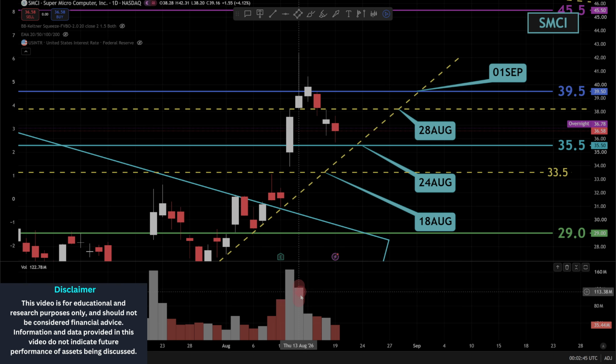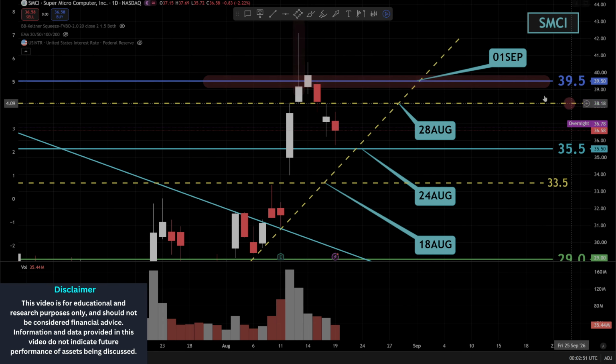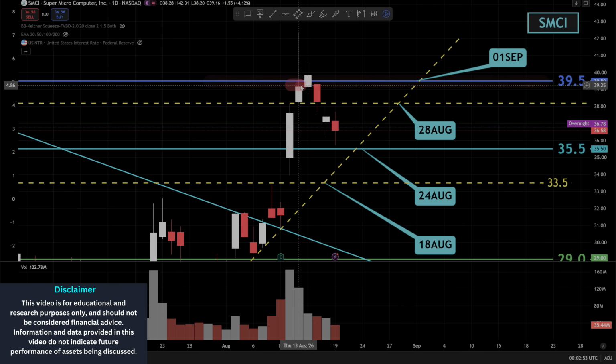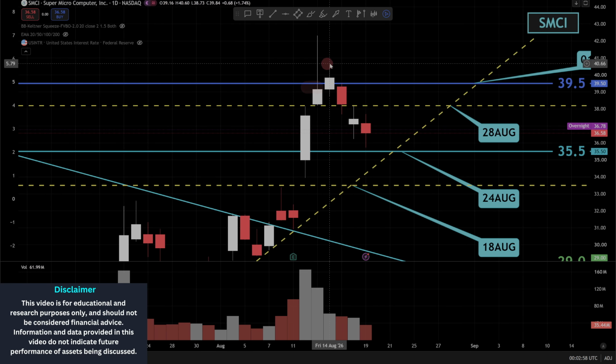But when we get to Thursday, the 13th, you can clearly see the selling pressure from above the blue key level of 39.5, and it closes right below the key level. The next day, again, a very short candlestick body, meaning a very narrow price spread with wicks from both ends.